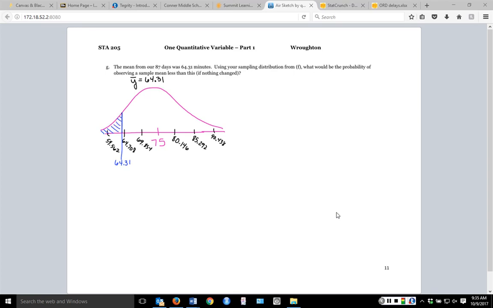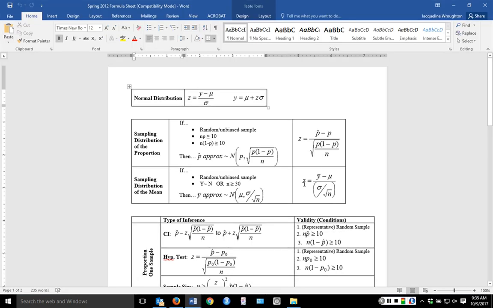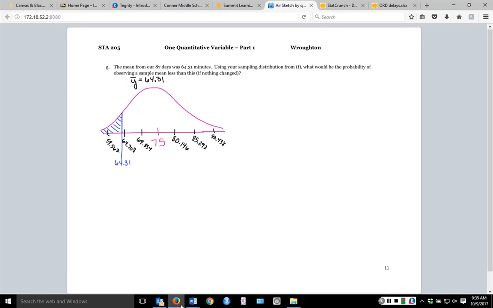Next we're going to find our z. Looking again on our formula sheet for that. Here's our z formula: y bar minus the mu, over sigma over square root of n. So that's what our formula looks like. Again, we already have these numbers. Our y bar was our 64.31. Our mu was our 75.